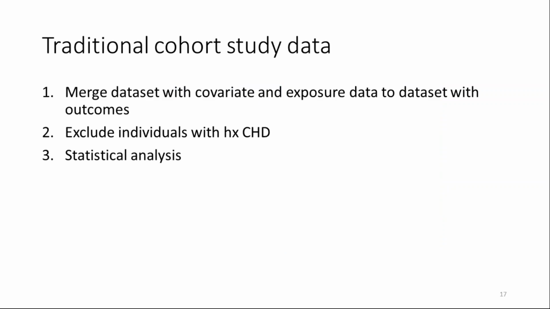When you're doing this you essentially merge your covariate data set with your exposure data set, and then you're going to exclude everybody who's had a prior cardiovascular disease, and then you'll conduct your analysis and see how those risk factors play into having new heart disease.